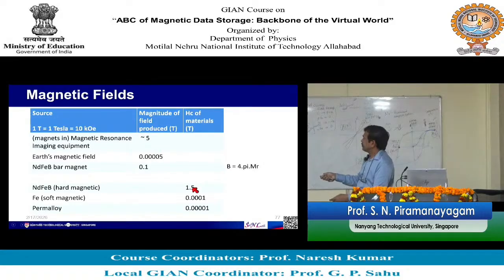On the other hand, if you take a piece of iron or permalloy, which is an alloy of iron and nickel, they have very small coercivity, which means even with a neodymium iron boron bar magnet, you can change the polarity.